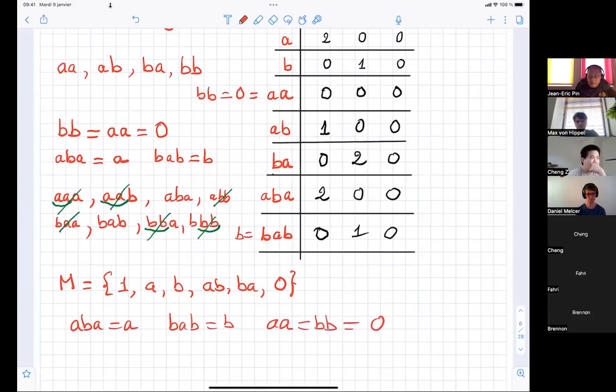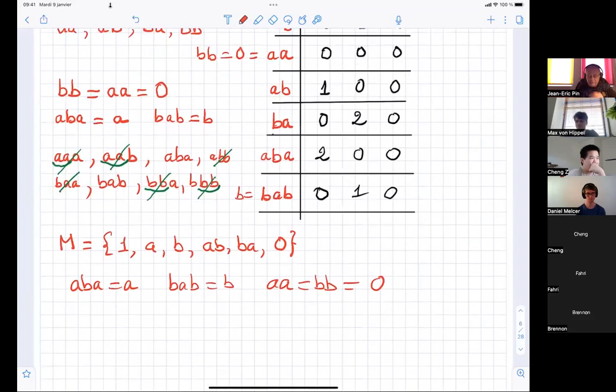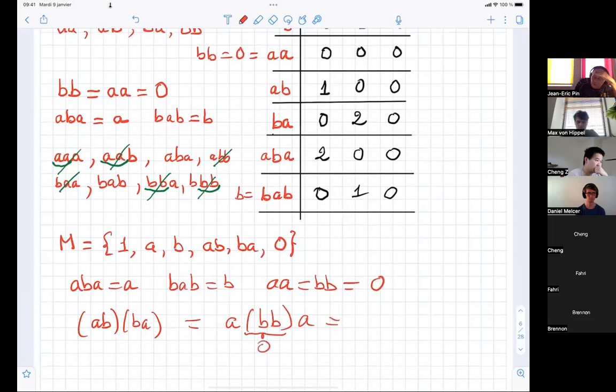So now, if I want to multiply 2 elements to know the product, it's sufficient to use this relation. So for instance, imagine I want to compute AB times BA. I write it as A, BB, A. This is 0 and this will be 0.